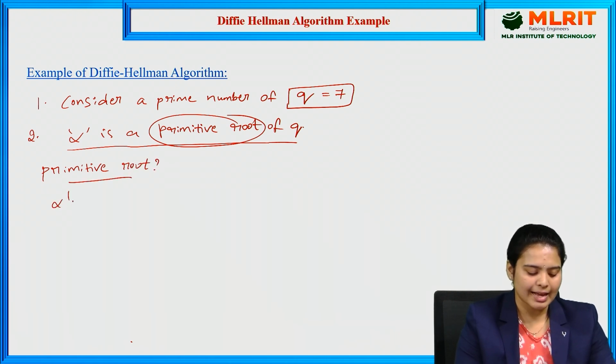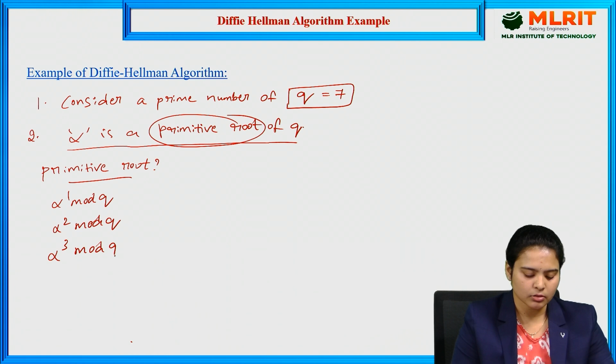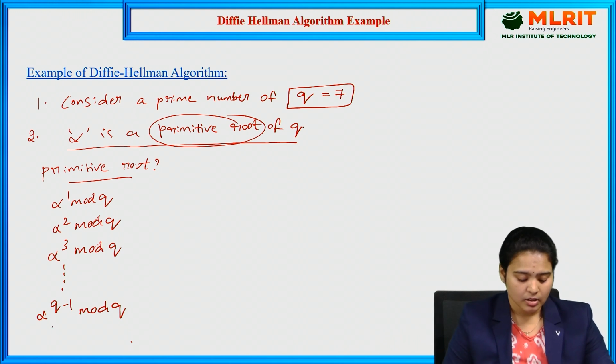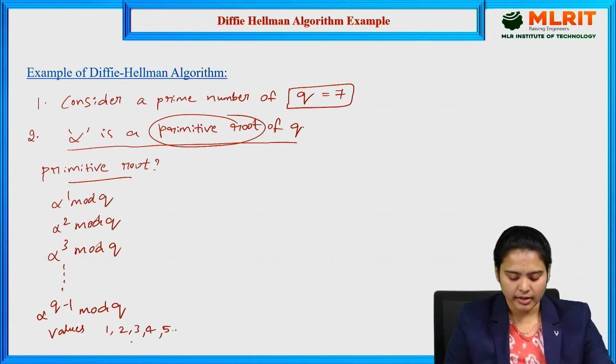For example, alpha power 1 mod Q, alpha power 2 mod Q, alpha power 3 mod Q, and so on, up to alpha power Q minus 1 mod Q. It means the values are taken as 1, 2, 3, 4, 5 and so on up to Q minus 1.